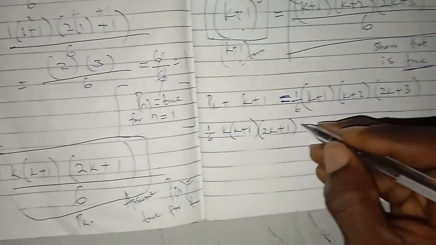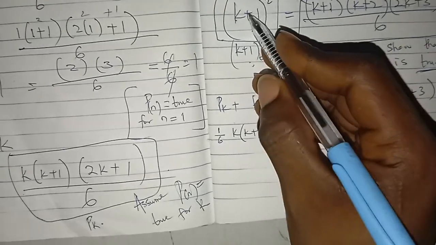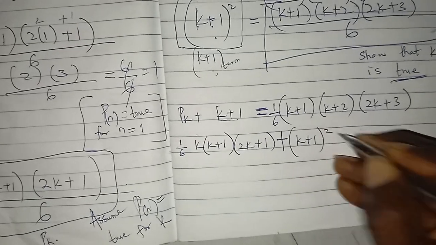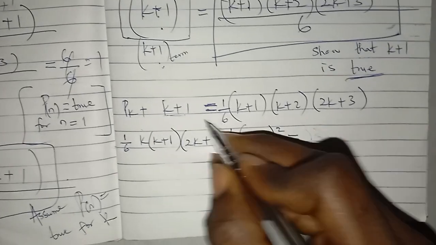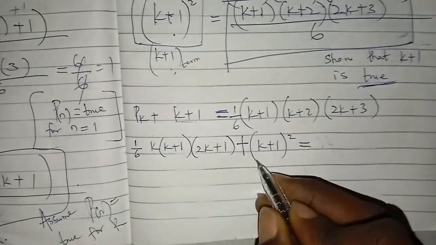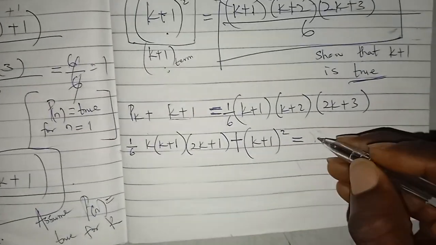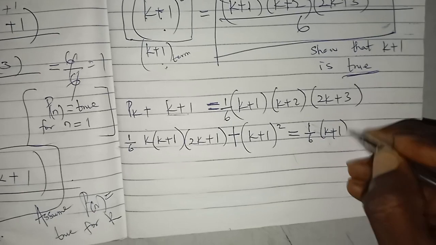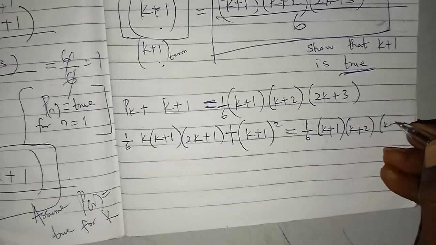So plus k plus 1 term, which is this, k plus 1 all squared. And this equals the right hand side, the part that we are proving. So by the time we do everything here, it should be equal to this thing. So this is the same thing as saying 1 over 6 k plus 1, k plus 2, k plus 3.